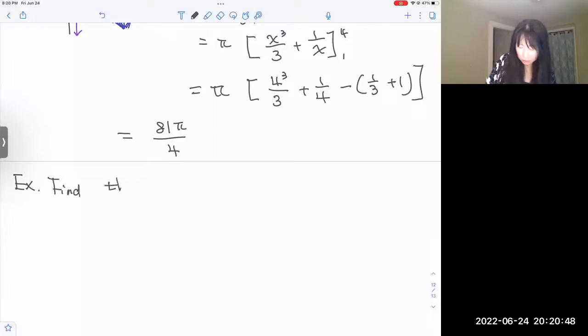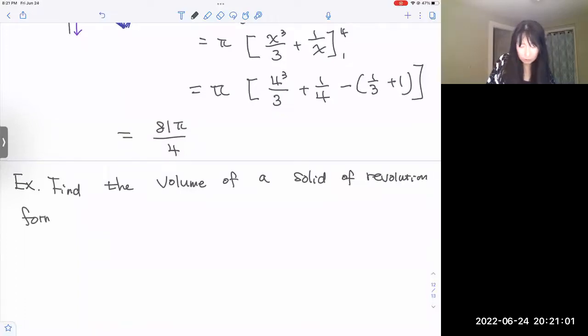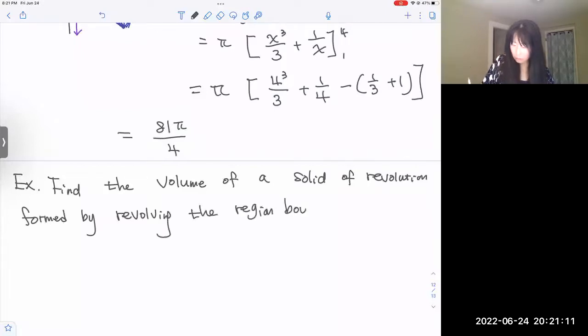Find the volume of a solid of revolution formed by revolving the region bounded above by, so this is the upper graph, right?